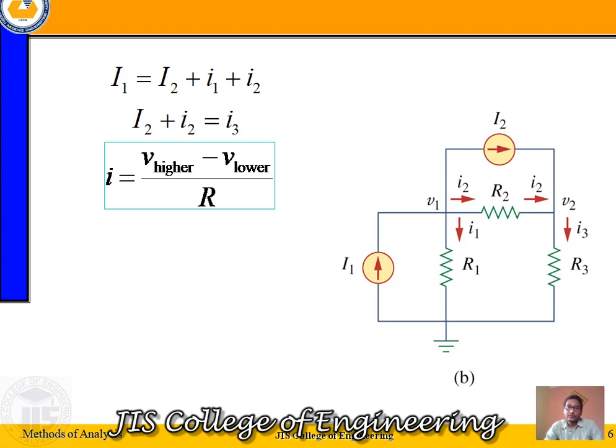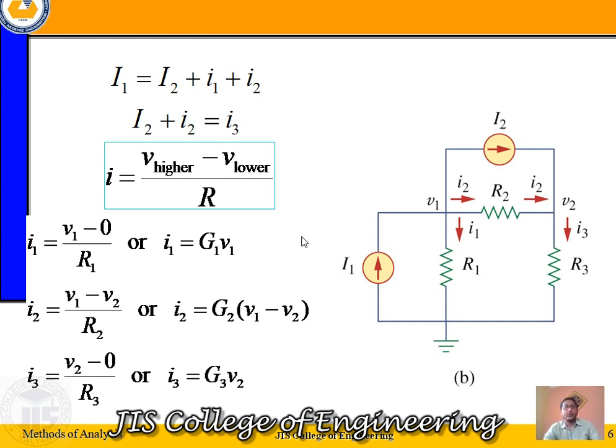So how can we measure that potential difference? It is nothing but the higher potential minus the lower potential. It means the potential of one point minus the potential of another point of any branch. So we can consider the current for any particular branch as the higher potential minus lower potential divided by the resistance.